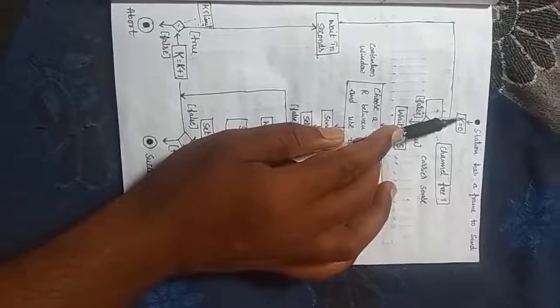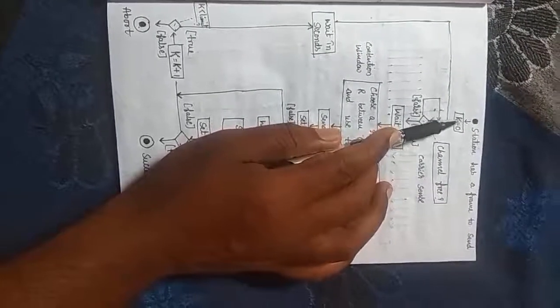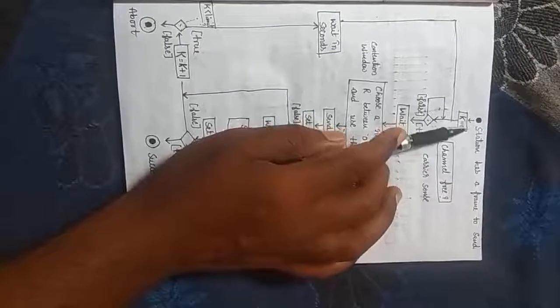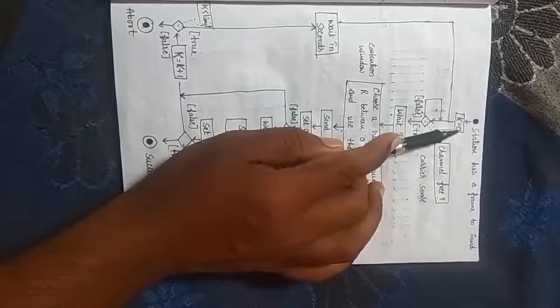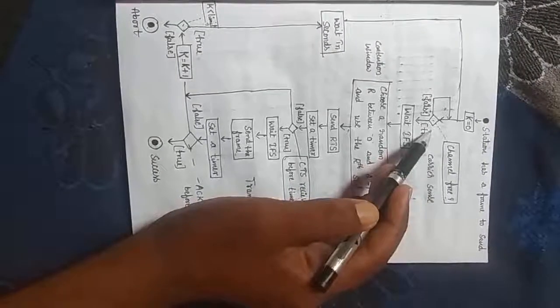The attempt is equal to 0, meaning it is a new transmission. Here it will check whether the channel is busy or not. If the channel is not busy, it is going to transmit.